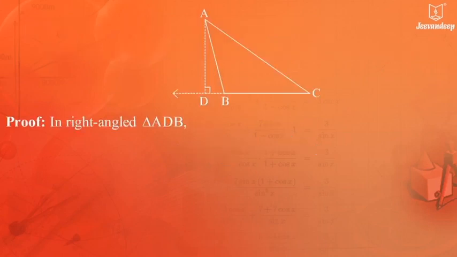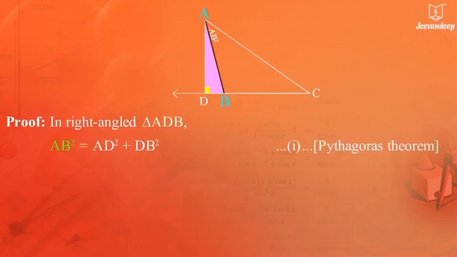Proof. In right-angled triangle ADB, AB square equals AD square plus DB square. Equation 1, according to Pythagoras Theorem.